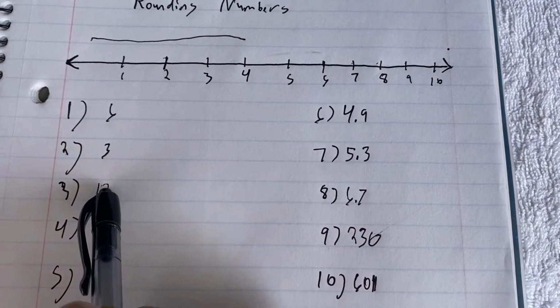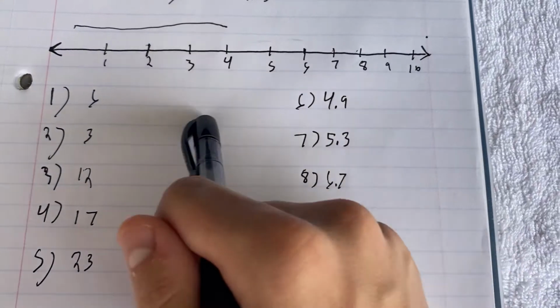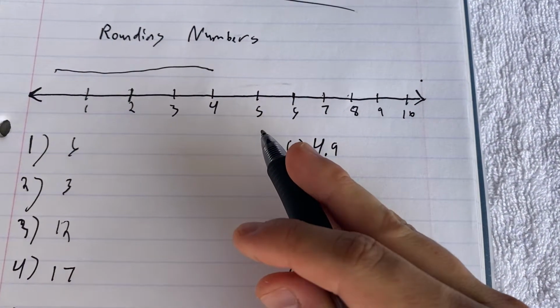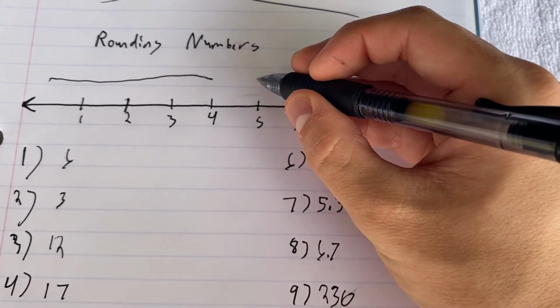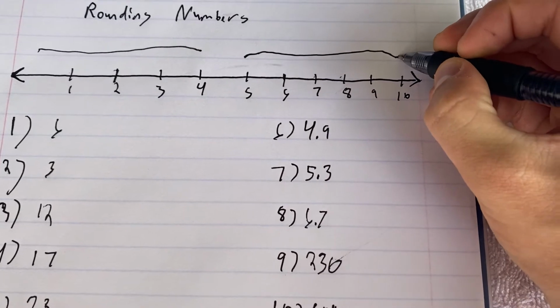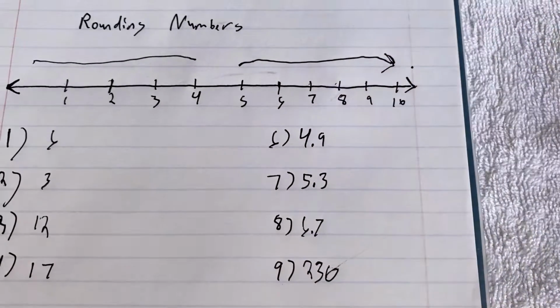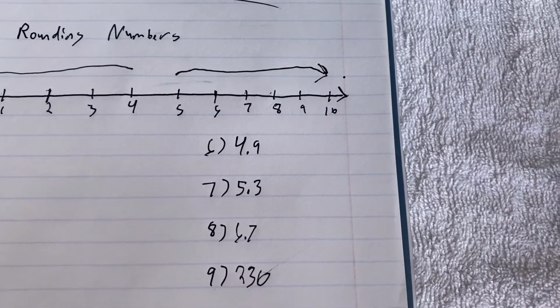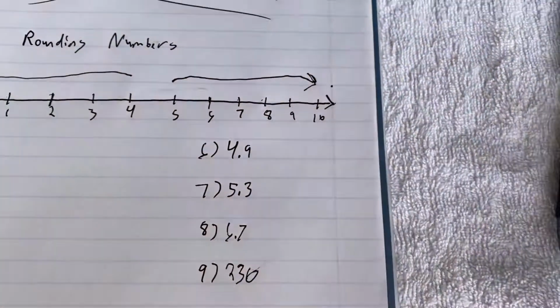With these exercises, I will teach you all of that after I'm done explaining what happens when you're on number 5. So on number 5, you will have to go this way. If I ask you, hey, what's the rounding number of 7?